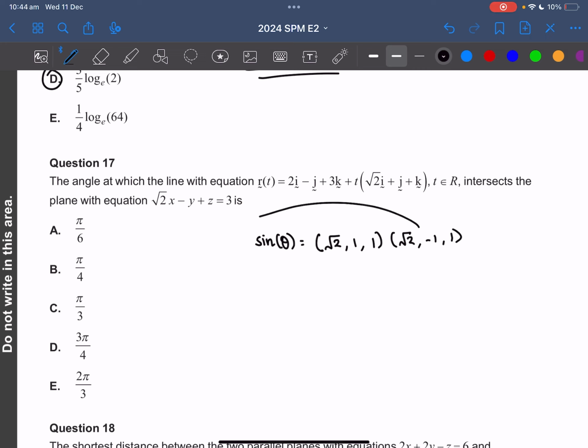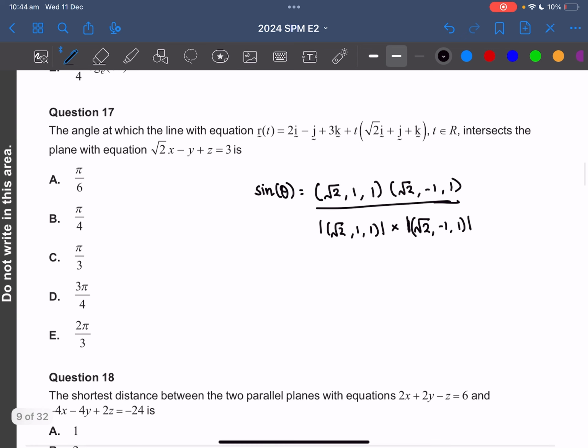This is the direction vector I got from this line, and this is the normal vector of this plane, divided by the magnitudes: the square root of (2, 1, 1), forgot the bracket, times the magnitude of (2, -1, 1).